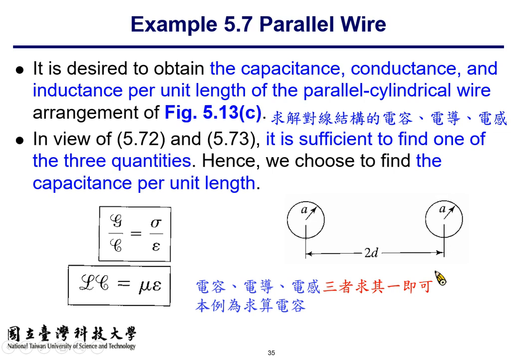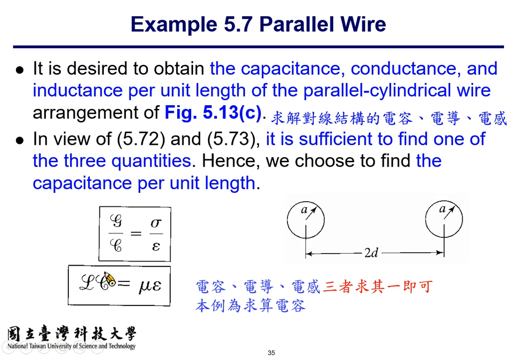Alright, so let's move on to example 5.7. In this example we're looking into the per unit length, per meter, of parallel wire structure and looking into the field and the potential distribution and variation within this structure.